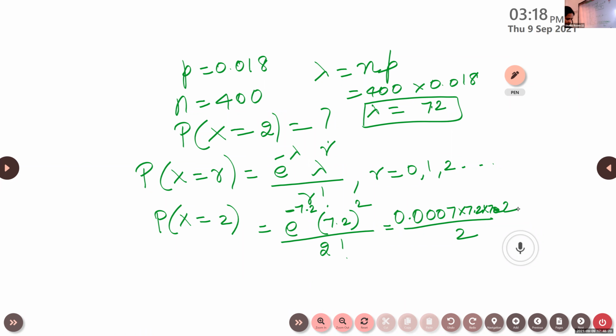Now simplify this and give the answer. If you cancel 2, this one will be 3.6. So 0.0007 into 3.6 into 7.2. Multiply this and find the answer.